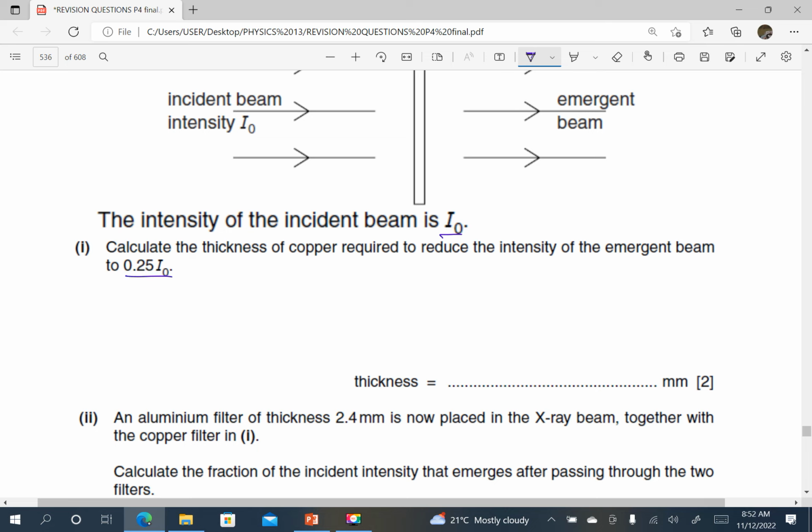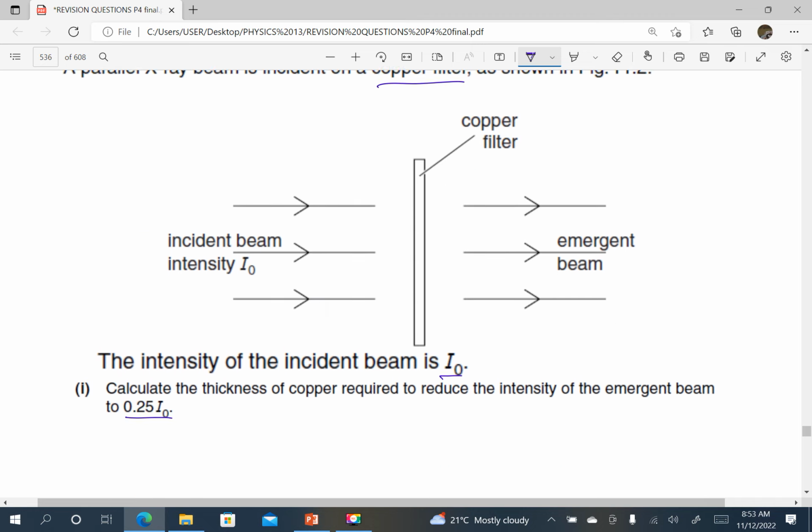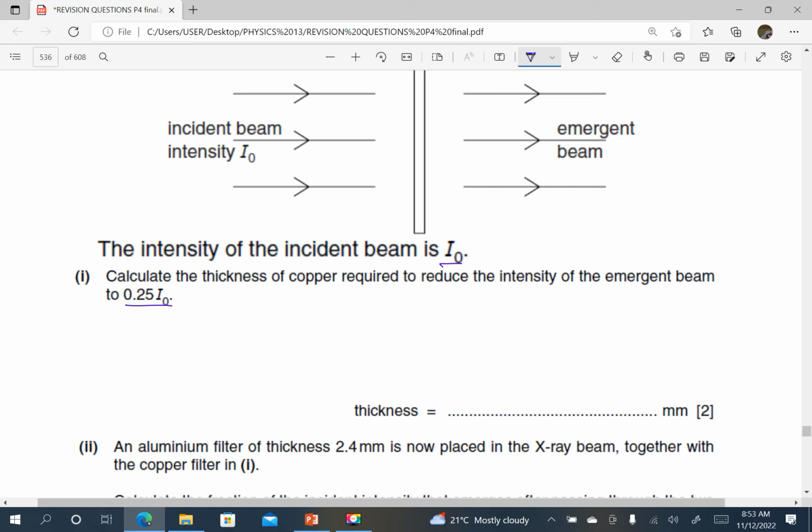So assuming, because this was a parallel X-ray beam, the reduction in the intensity is exponential, then we can say intensity, I call this I1, is going to be equal to I naught e power negative mu x. We want the emergent beam to have intensity 0.25 I naught.